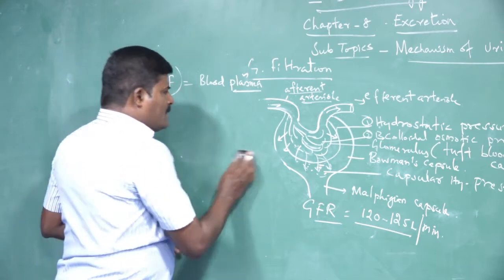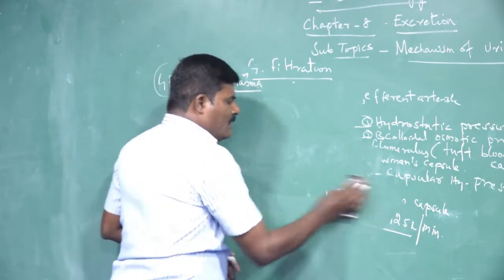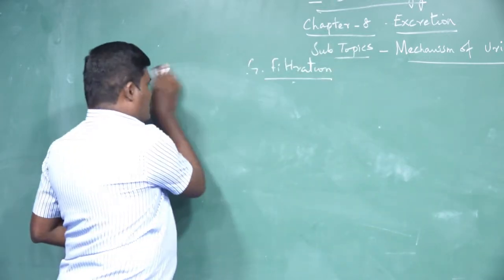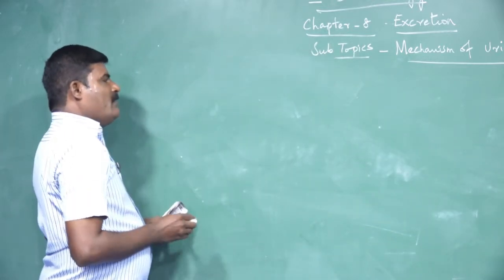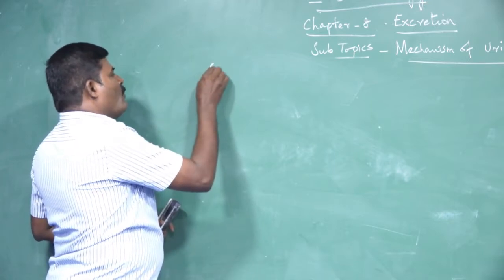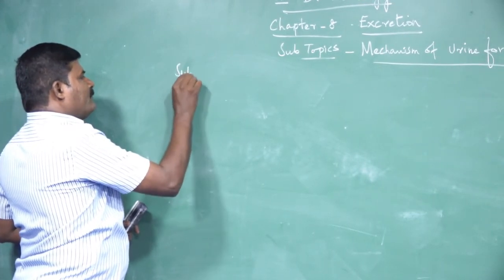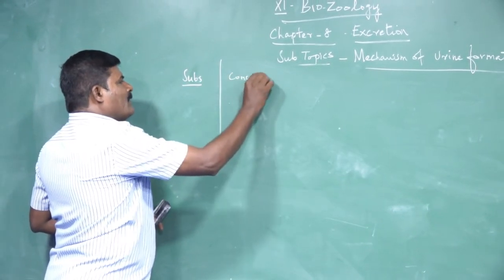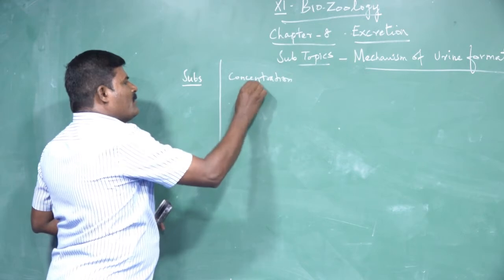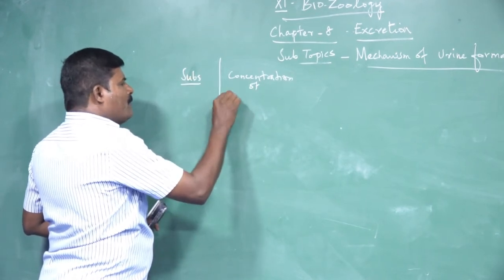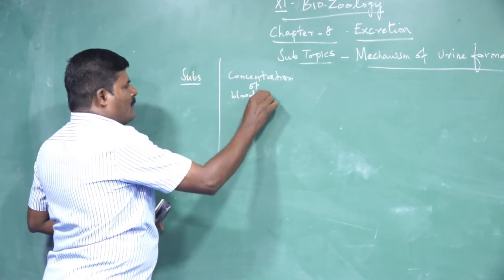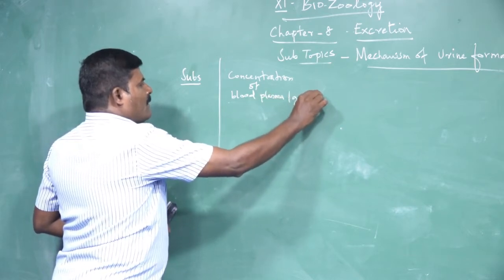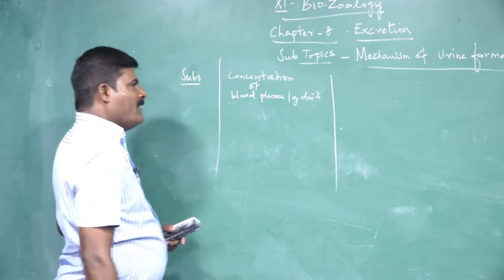Okay, so what is the concentration of the glomerular filtrate? One tabulation is given in our book. One column is the substances, another is the concentration of substances in blood plasma, measured in milligrams per milliliter.